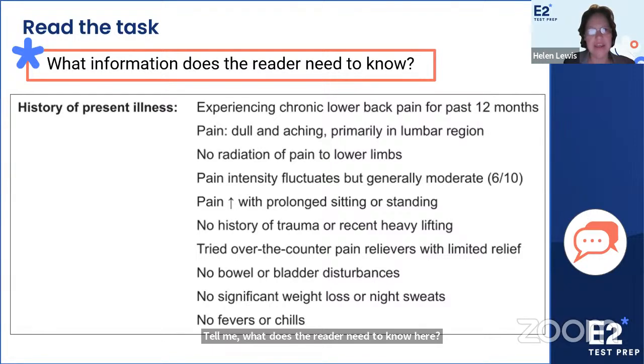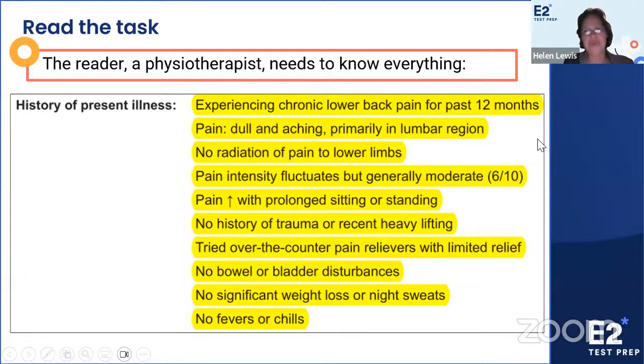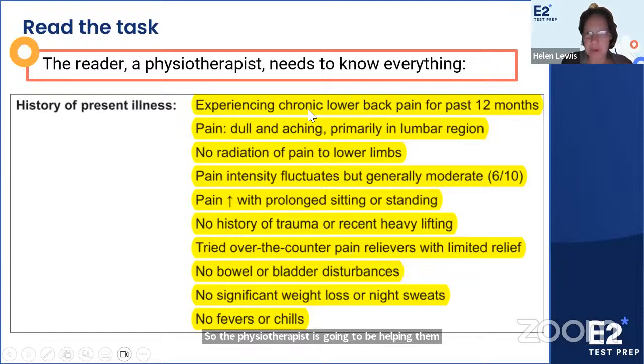All right, so actually everything needs to be explained to the physiotherapist. The physiotherapist is going to be helping them to overcome their chronic lower back pain, the description of the pain and the position, that it is not radiating anywhere, the level of the pain.